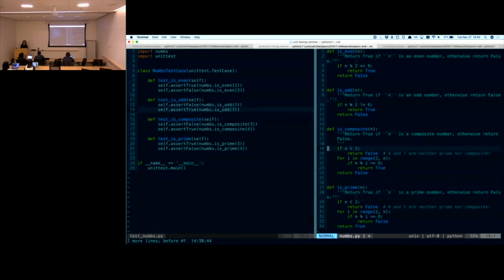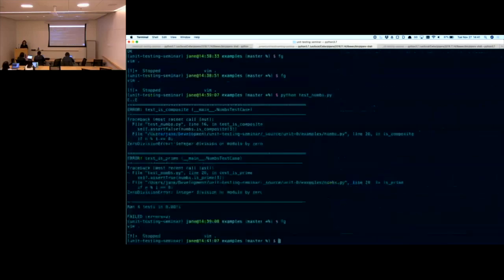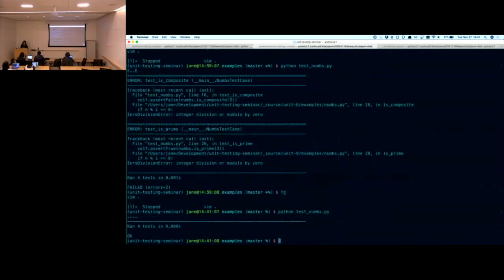So I added some logic to make sure that we iterate from 2 to whatever my number is. And it also turns out that 0 and 1 are neither prime nor composite. So in both of these functions, if n is less than 2, we just return false. And so now if I run my tests, all 4 of them run, and all 4 of them pass.